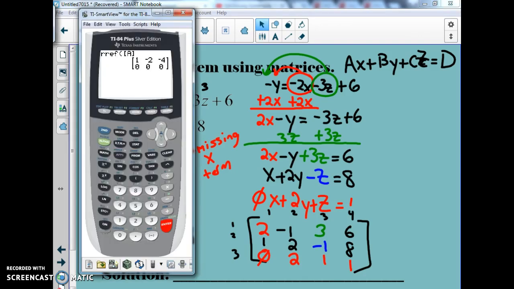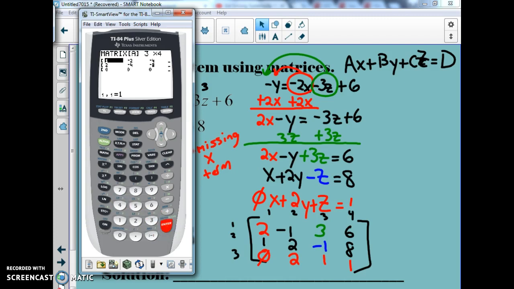And I will go ahead now and enter that in as my matrix. So again, I'm going to go to second x to the power of -1. I'm going to scroll over to edit. Hit enter. Now this time I'm going to have to change the dimensions of my matrix from a 2 by 3 to a 3 by 4.